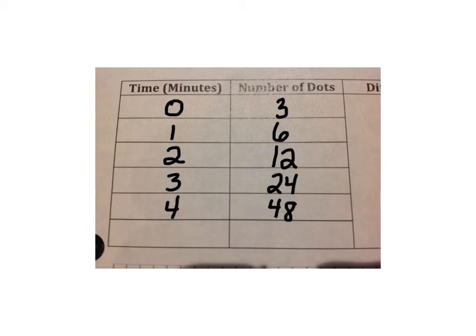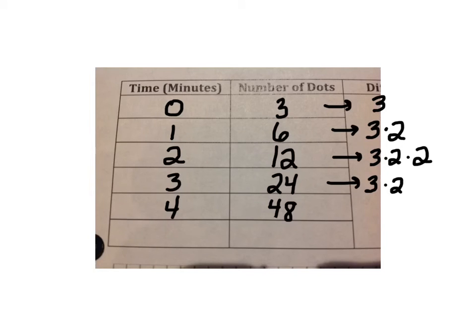And we think instead about these being 3, and then 6 is 3 doubled, and then 12 is the 3 doubled again, and then 24 is 3 times 2 times 2, and then that doubled again, and then the 48 comes from the previous step doubled again.